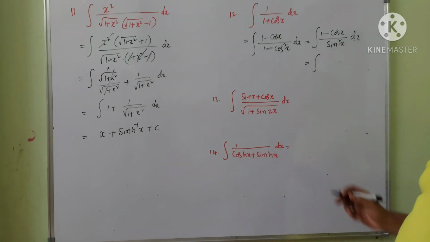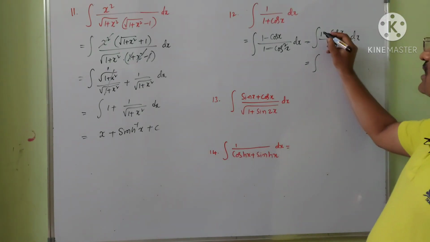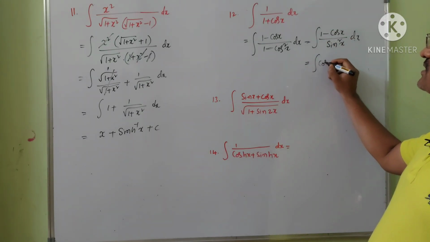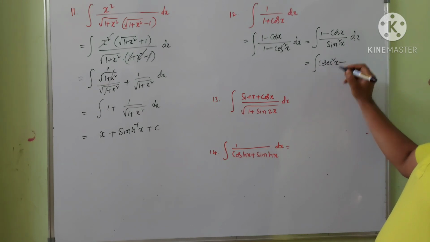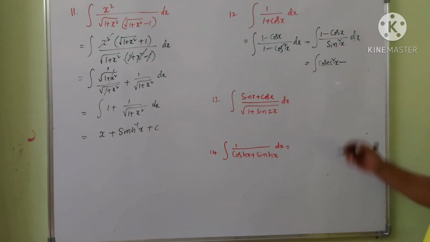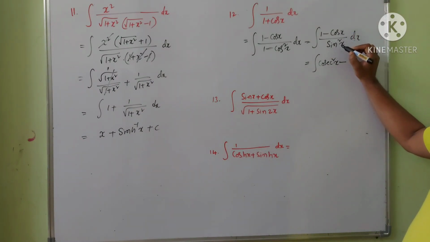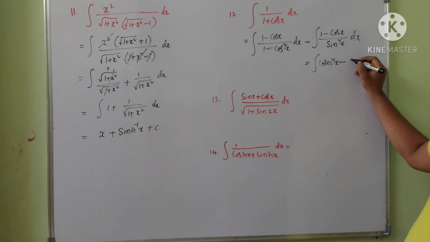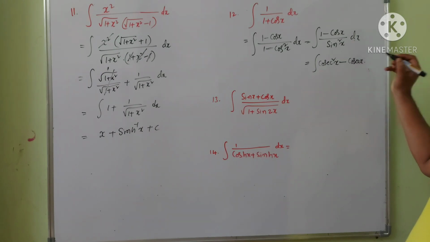Now write separately. 1 by sin square x is cosecant square x minus cos x by sin square x. Cos x by sin square x. 1 by sin x is cosec x. Cos x by sin x is cot x.